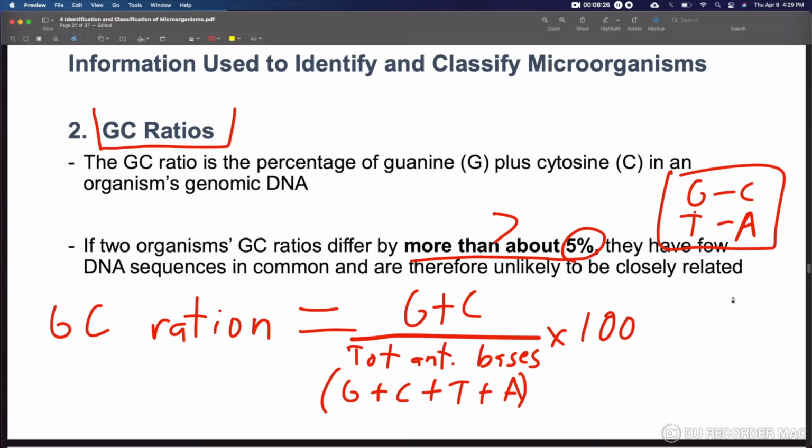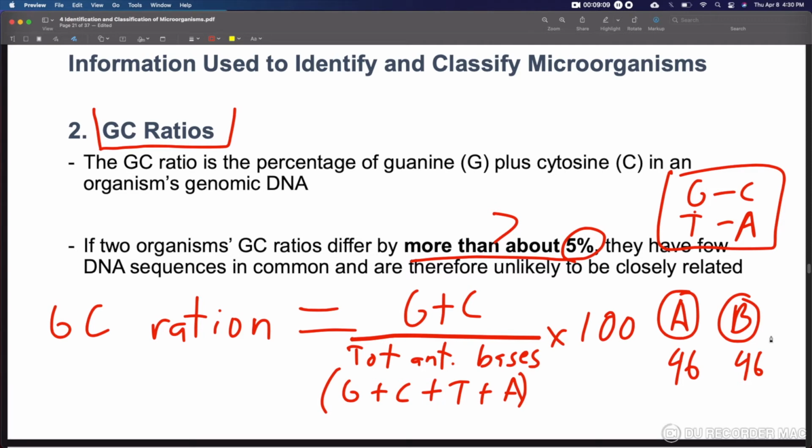But as you can see here, there is a big problem with using GC ratios. It doesn't always mean that if they have the same GC ratio, they are the same species. For example, if you have organism A and organism B that both have a GC ratio of 46%, there's still a chance that they belong to different species and are not related at all.